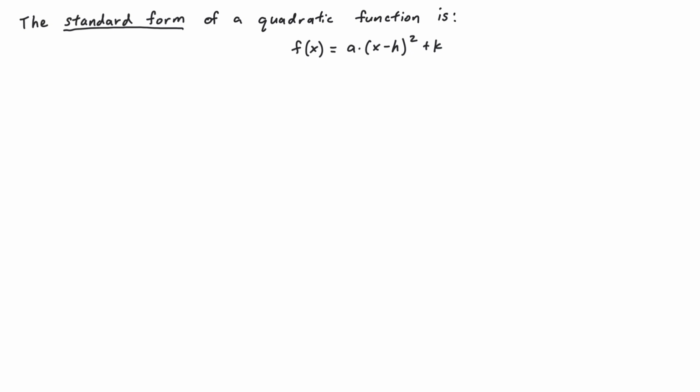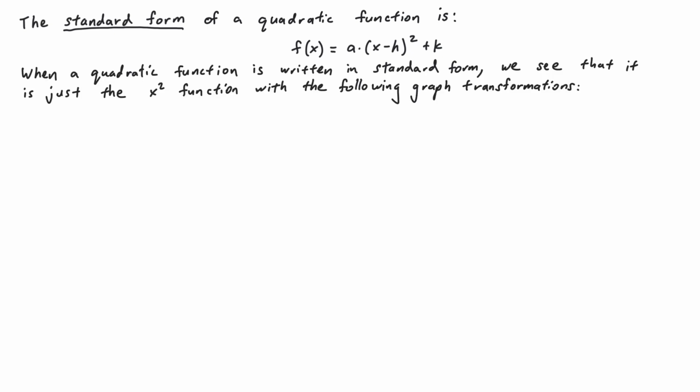When we write our quadratic function in standard form, we are able to recognize it as graph transformations applied to the x squared function. Let's try to identify those graph transformations.